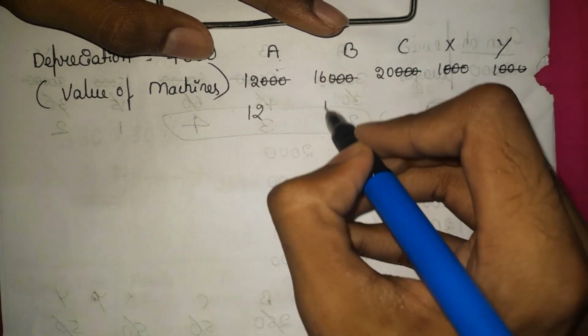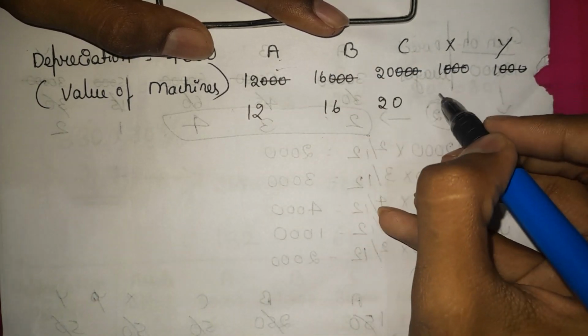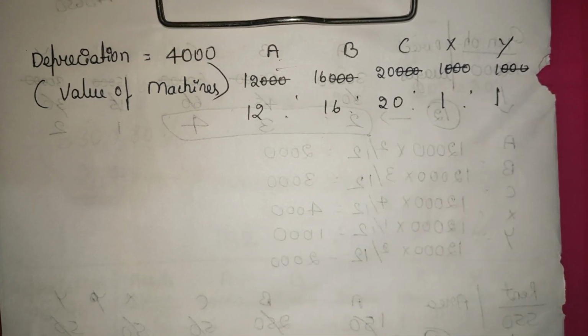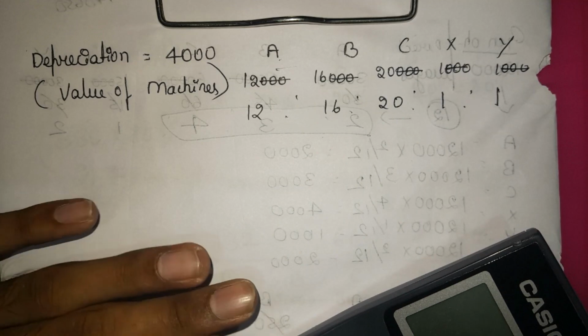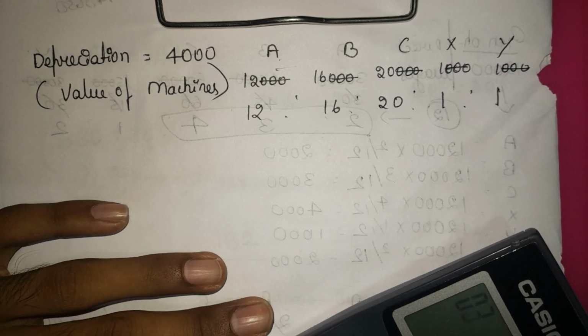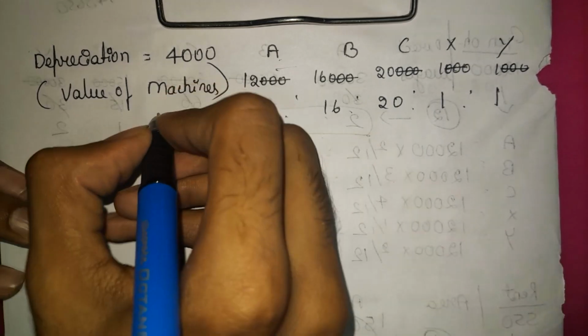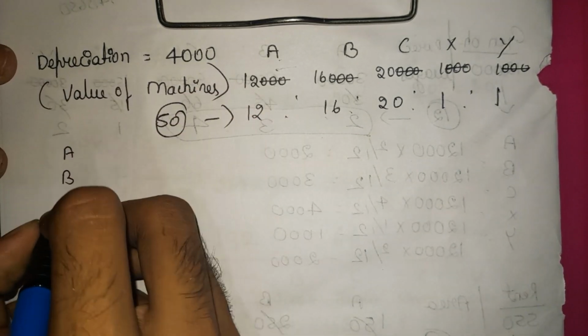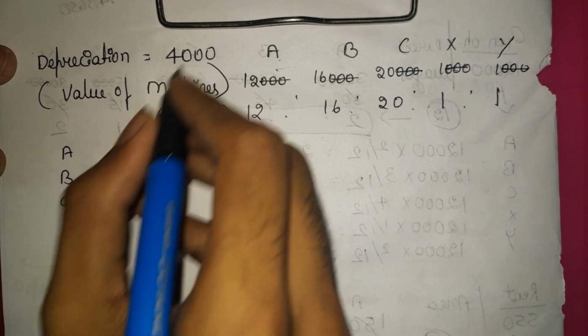It will be 12 is to 16 is to 20 is to 1 is to 1. Now when you add all this, 12 plus 16 plus 20 plus 1 plus 1, it will be 50.